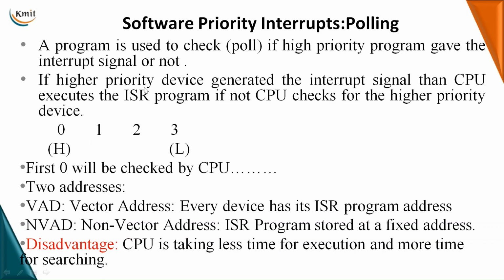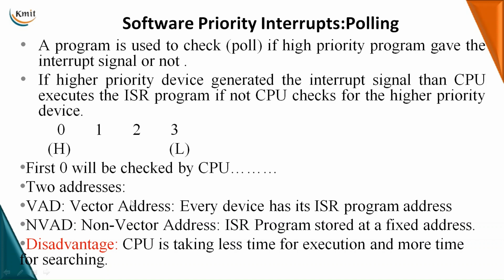So where is the interrupt service routine program of the corresponding device stored and accessed by the CPU? Whenever a CPU receives an interrupt request, it has to execute the interrupt service routine of that corresponding device. But where can the CPU find that particular interrupt service routine? There are two types of addresses: one is a vector address and another is a non-vector address.